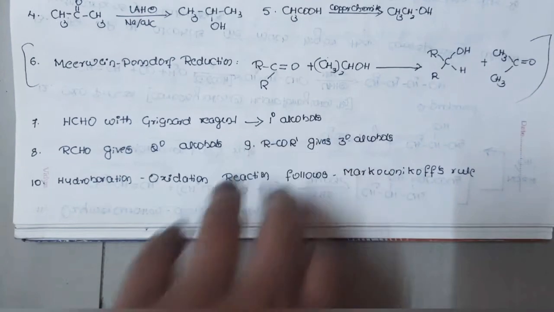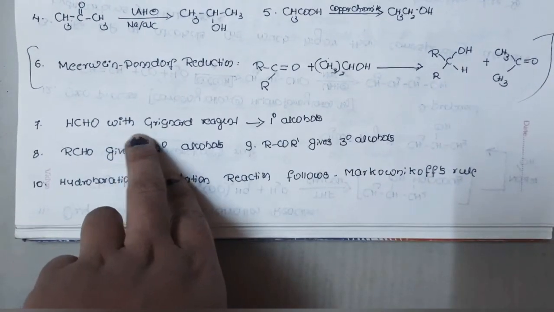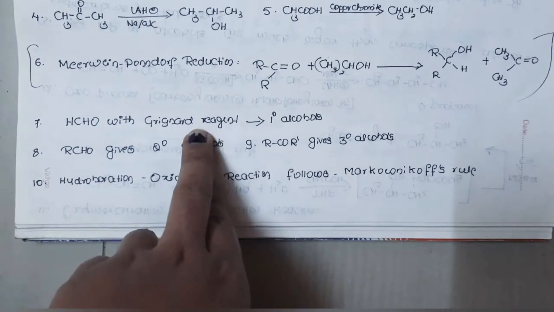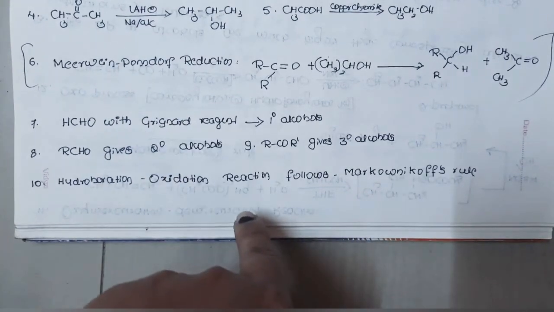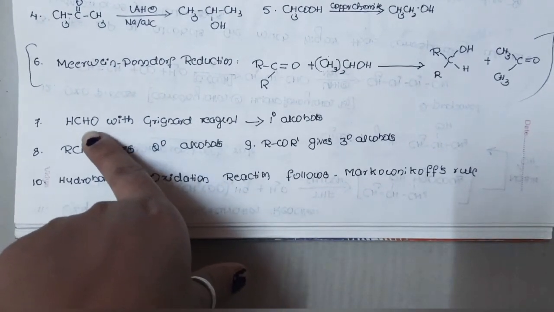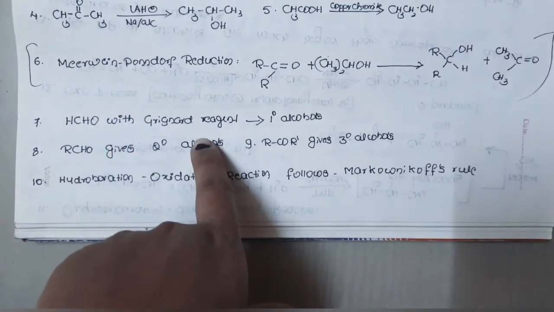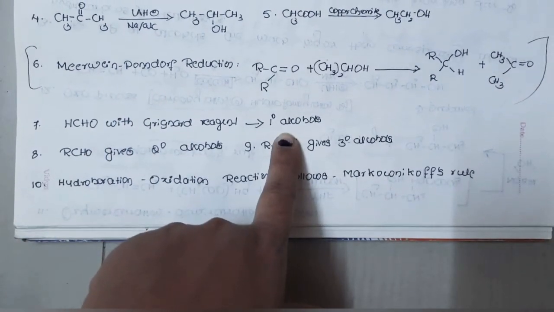Now, when formaldehyde is treated with a Grignard reagent, this point you have to remember. We can prepare primary, secondary and tertiary alcohols by using a Grignard reagent. When I use particularly formaldehyde, primary alcohol will be formed.